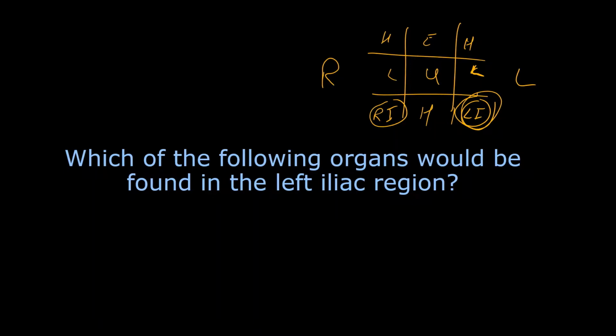So this one's kind of tricky, but if you try to think, what is down there? There's not much but intestines down there. But let's see what our choices are. Appendix, well, we haven't gone over it explicitly, but the appendix is on the other side. It's on the right side of the body, so it can't be that. Stomach, stomach's up here. So stomach is definitely not it.